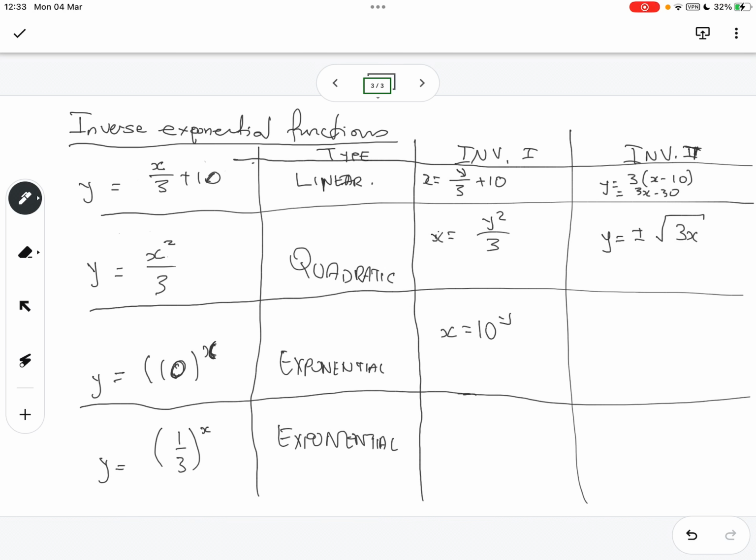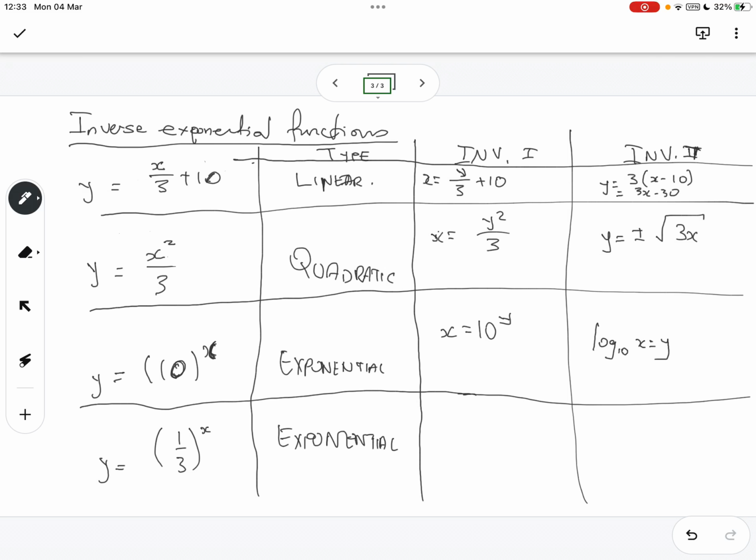Then for y equals 10 to the power x, we'll have x equals 10 to the power y, right? Yes. Then if we make y the subject of the formula, that's where logarithm comes in. So log to base 10 of x equals y.